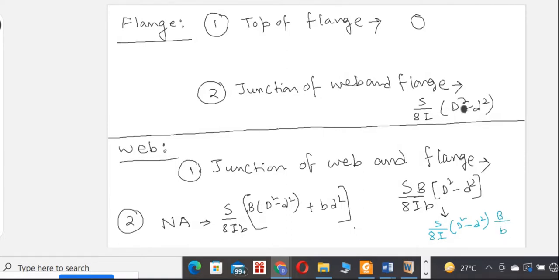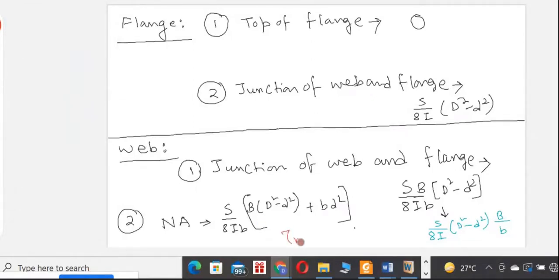So one value will be here and at the same point another value will be here. It is very similar to the shear force distribution, SFD and BMD, where two values were coming, we put both values and the sudden jump happens. Similarly here, a shear stress jump will come from the flange value to the web value, and the others are very similar.